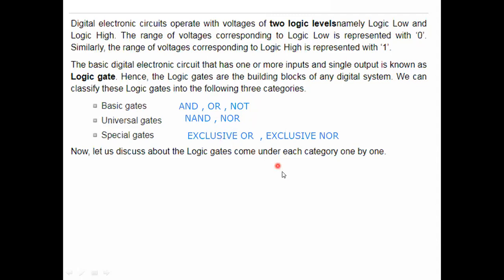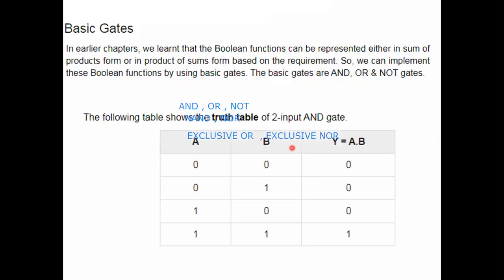These are the gates we use to design any digital circuit. Now we discuss one by one. First, basic gates: AND gate, OR gate, and NOT gate. The first gate is the AND gate. Here we are taking a two-input AND gate, which has two inputs and one output.